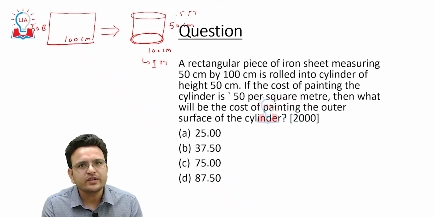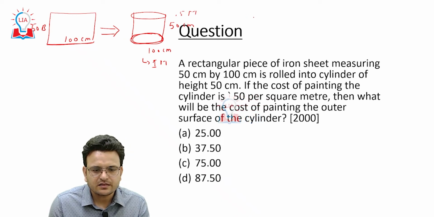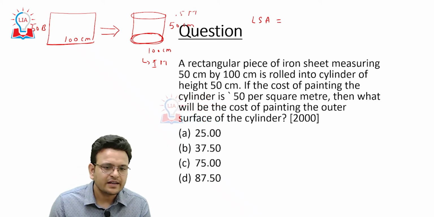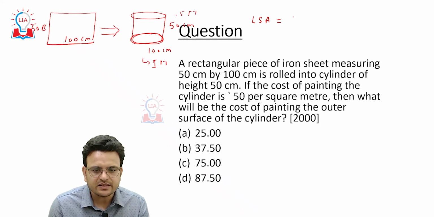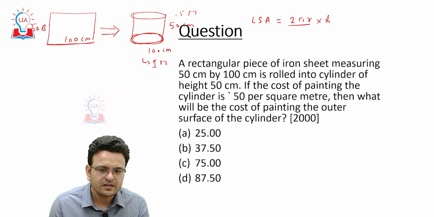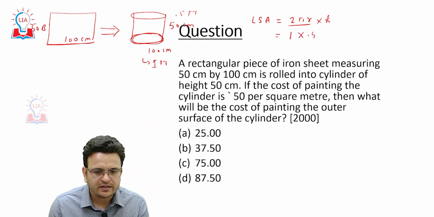Now we know the lateral surface area of this cylinder is 2 pi r, meaning the circumference of the base, into h. 2 pi r is 1 meter, and height is 0.5 meter. It becomes 0.5 meter square.